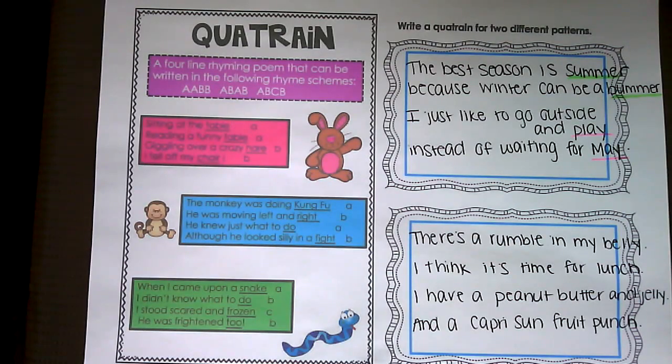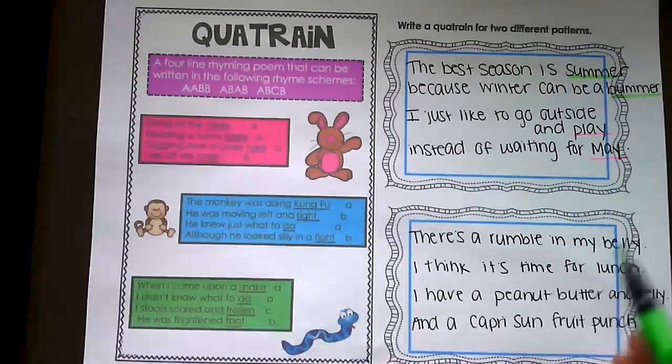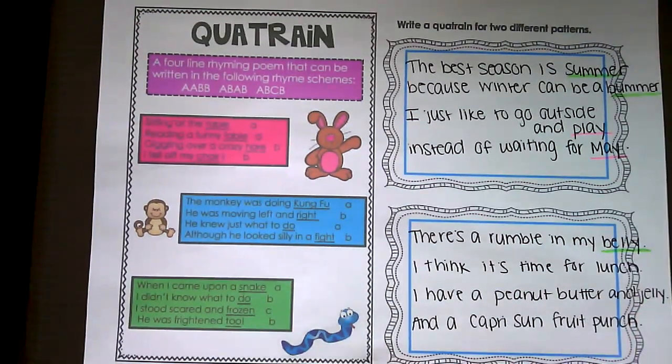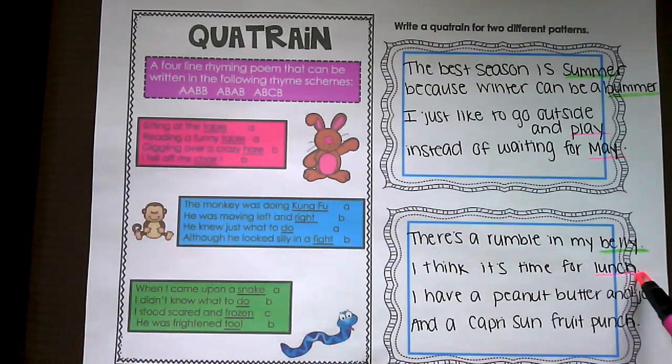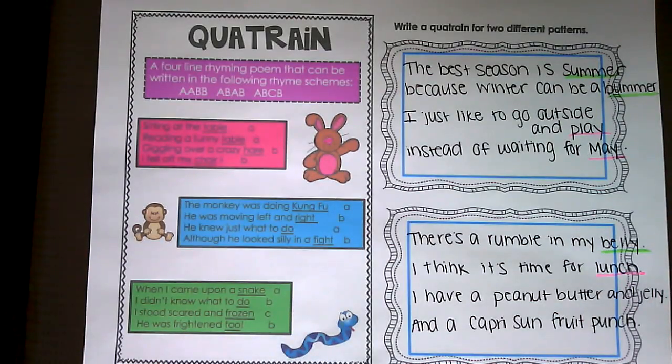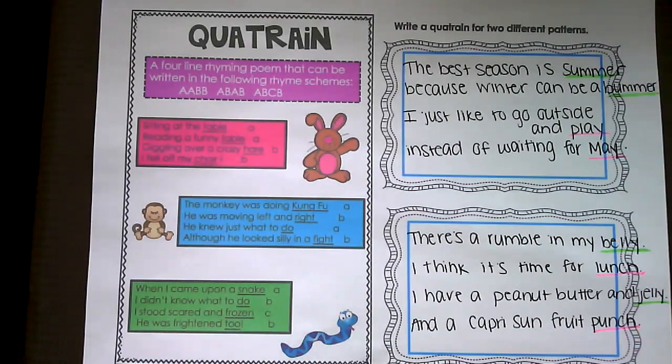If I look at the ends of my lines: there's a rumble in my belly, I think it's time for lunch, I have a peanut butter and jelly and a Capri Sun fruit punch.